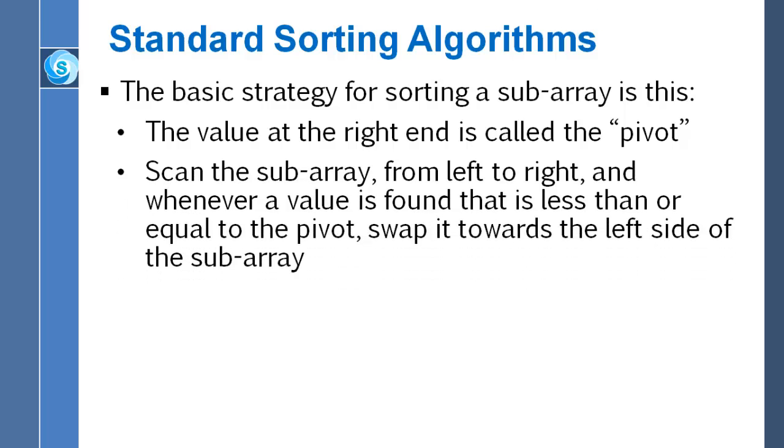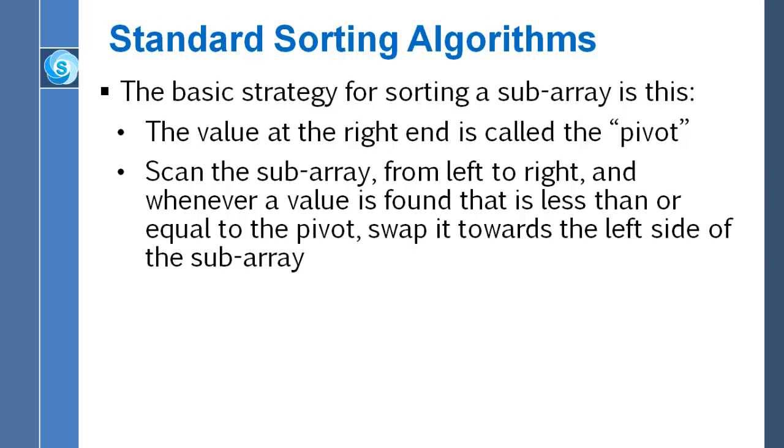Then it's simply a matter of scanning the subarray from left to right, and anytime we encounter an element that's less than or equal to the pivot, we swap it so as to put it towards the left side of the subarray.